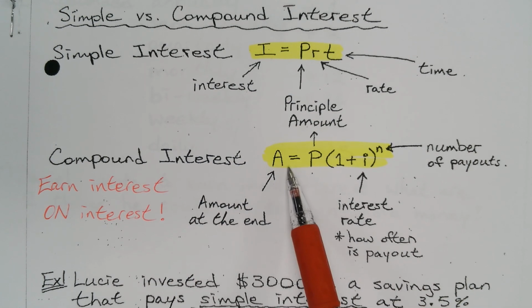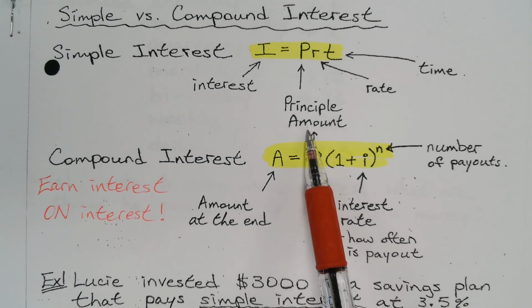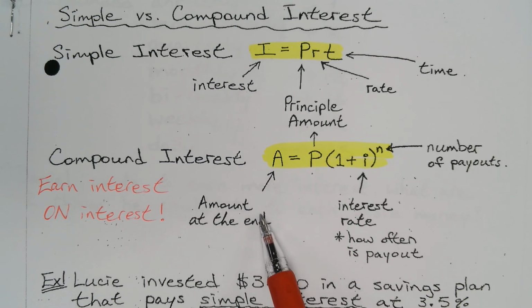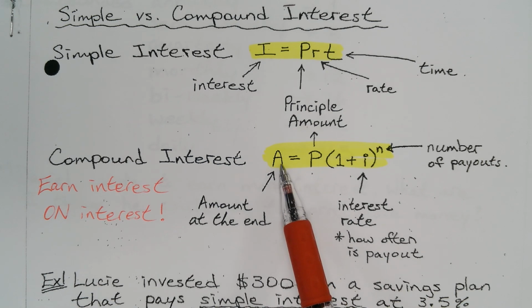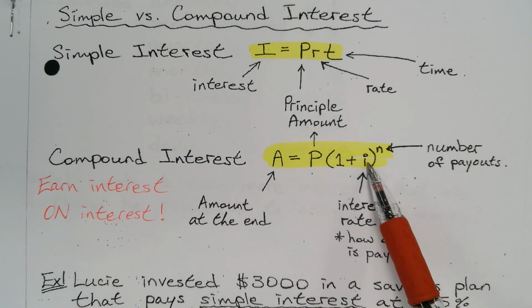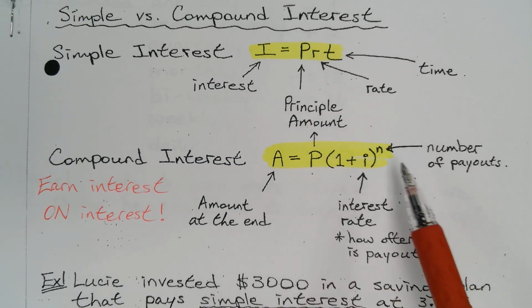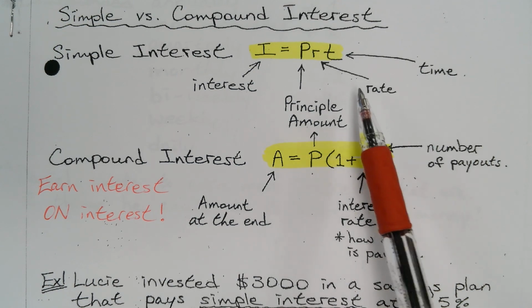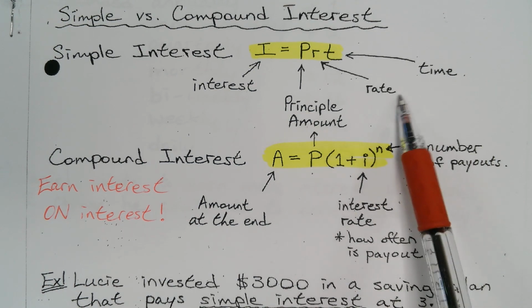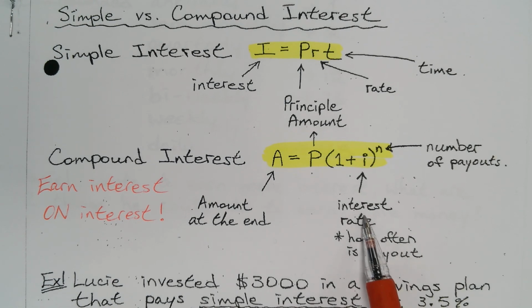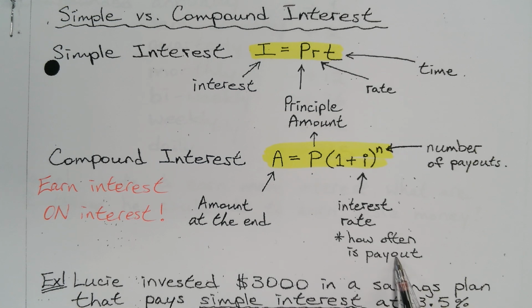Compound interest, same, P means the same thing. A will represent the amount at the end. So not the interest, but the amount you have at the end in your account. I is the interest rate, but the reason I use the R here and the I here is because this one is a yearly rate. This one is the interest rate, and it depends on how often it's paid out.